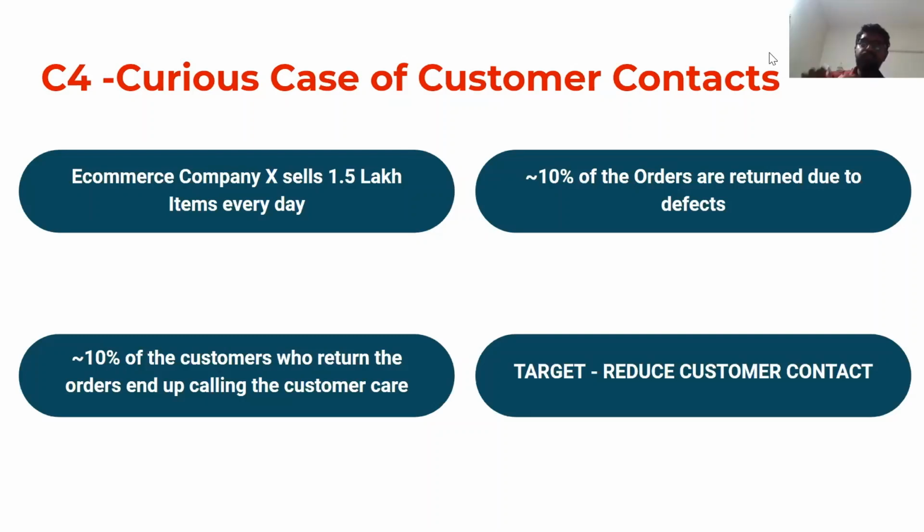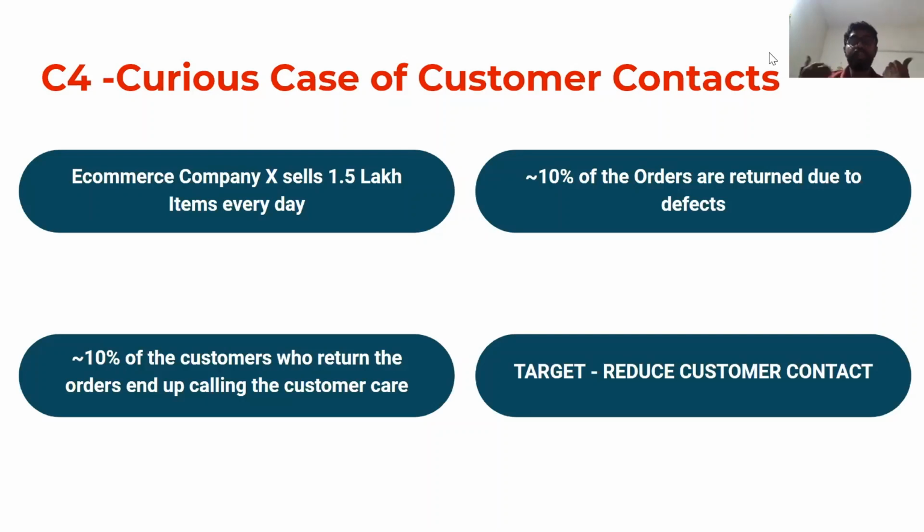The customer care manpower is independently maintained by the e-commerce company. Whichever e-commerce company it is, they have to maintain a force of, let's say, 1,000 or 2,000 people to make sure that the concerns of the customers who are calling are taken care of.